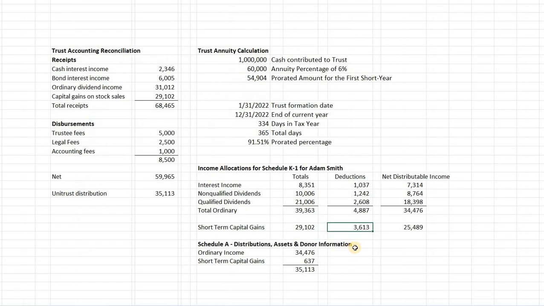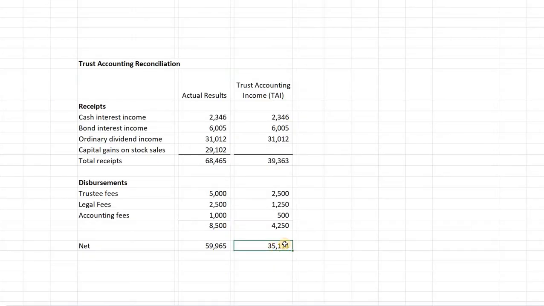Now, $35,113, that is really important because now we can finally check, well, what's the lesser of the two amounts? So we remember that the Unitrust annuity percentage 6%, $60,000. The prorated amount is $54,904. So the lesser of this versus the net income of the trust, $35,113.